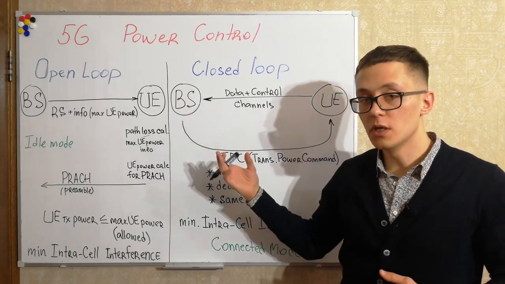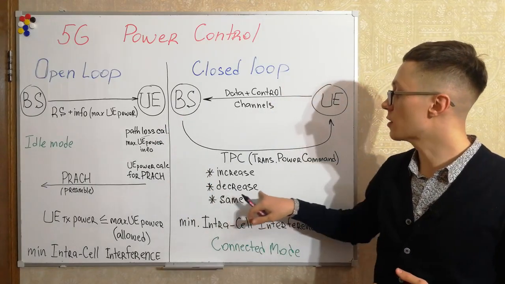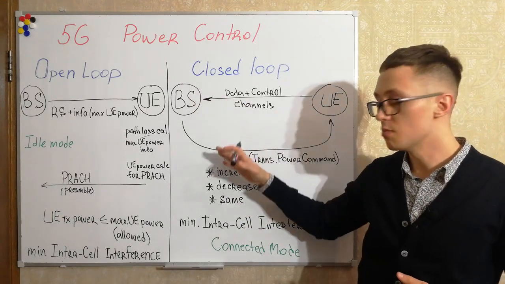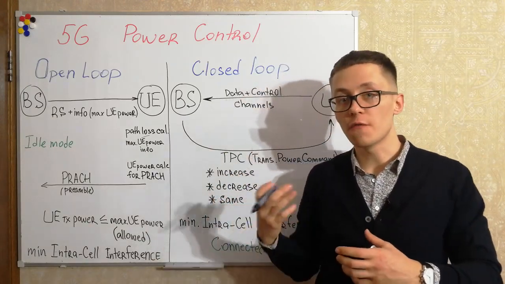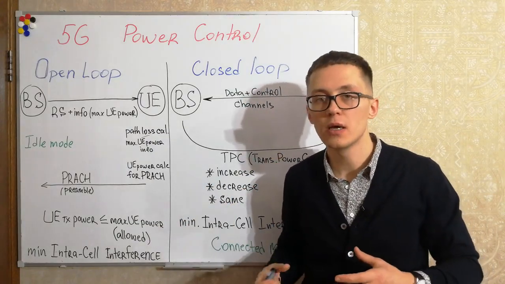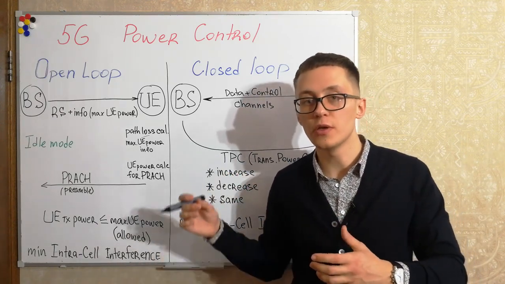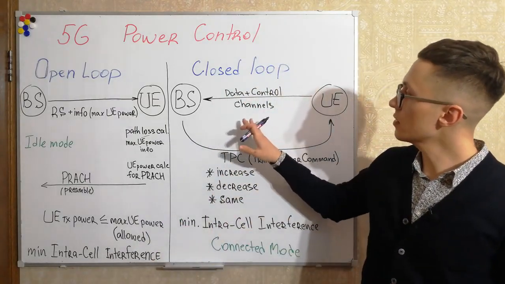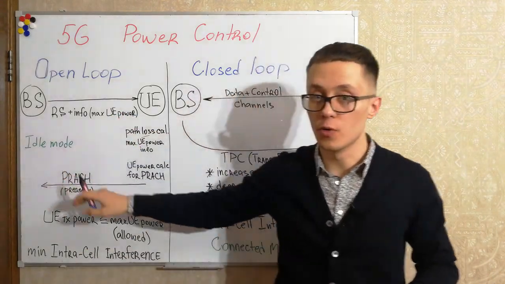If it is more than enough power for the base station, it can give the command to decrease the power for uplink transmission, because too much power will definitely lead to interference between users, and this will drastically impact uplink throughput and uplink services. So again, closed loop is about connected mode, open loop is about idle mode.